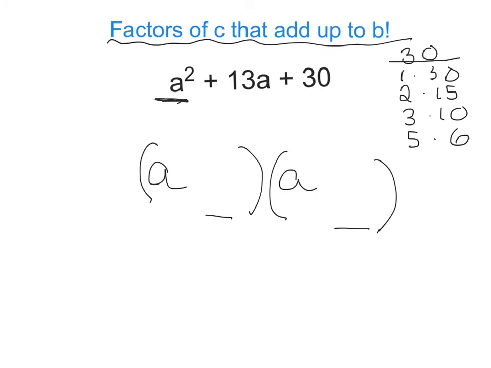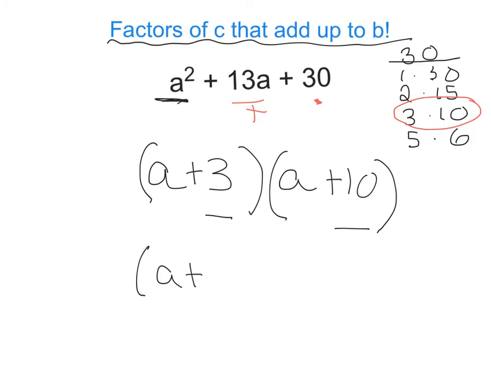Which one of those sets multiplies to 30 but adds to 13? As you can see here, 3 and 10. So I'm just going to place in plus 3 and plus 10. It does not matter which order, so I could write a plus 10 times a plus 3.